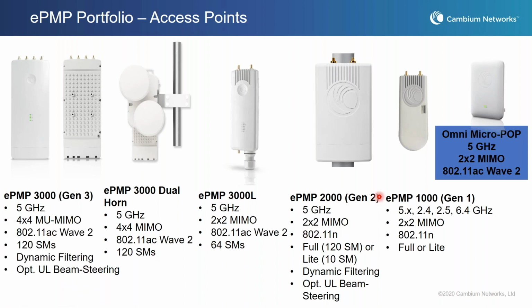Then we moved on to ePMP 2000, which, in addition to all the features we supported, did not have the 2.4 gigahertz version, but we introduced beamforming technology, which helps with co-channel interference.